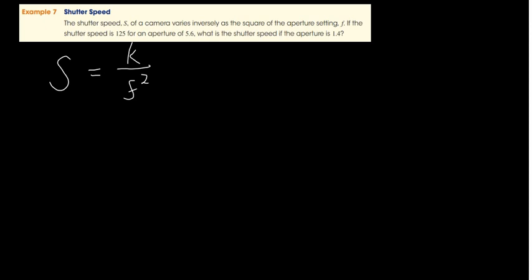The next sentence reads, if the shutter speed is 125 for an aperture of 5.6. So 125 for the shutter is going to be equal to K, which we're trying to figure out, over 5.6 for the aperture, and of course that is squared.